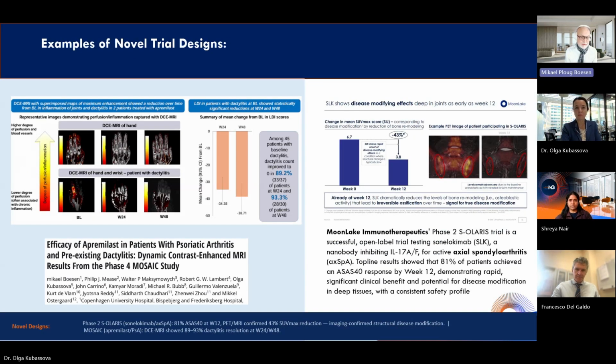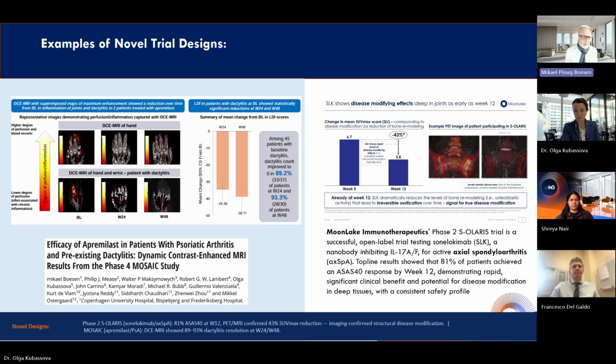And then coming to a recent trial design that the image analysis group has been part of lately. Here is the phase 4 trial with Amgen, where we applied all available types of imaging: whole body MRI, DCE-MRI, contrast MRI of the hand, as well as muscle quantification and scoring of the diseases.